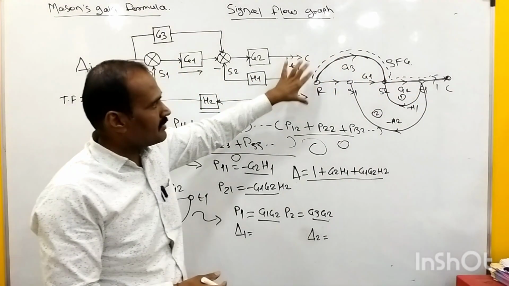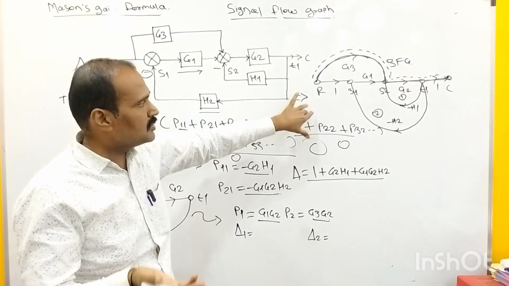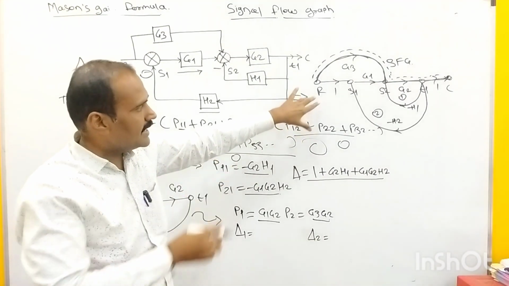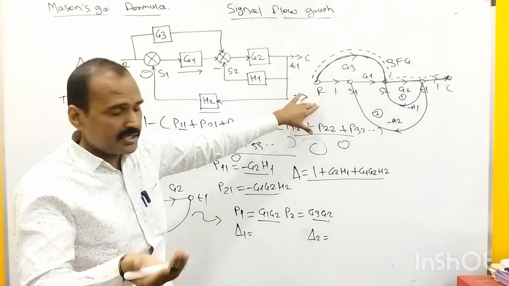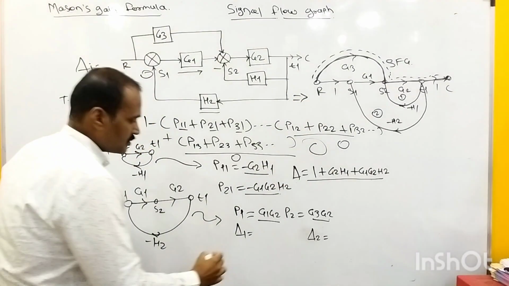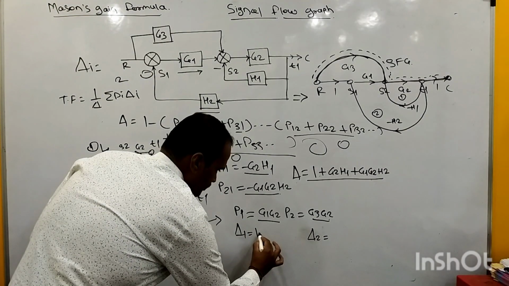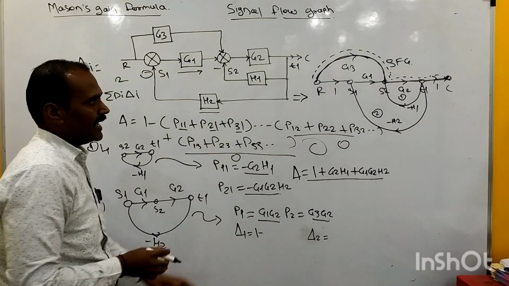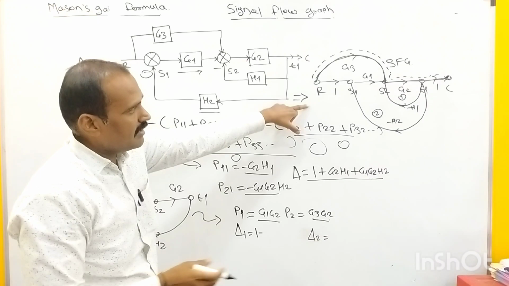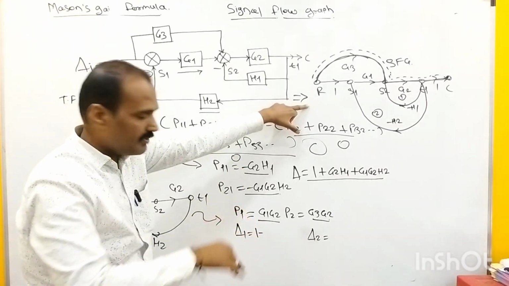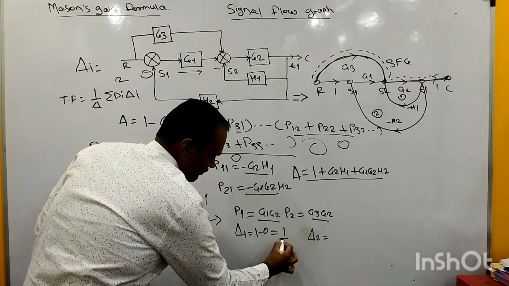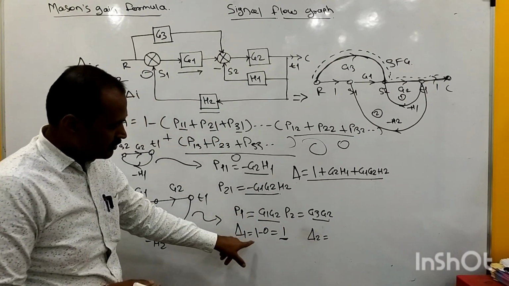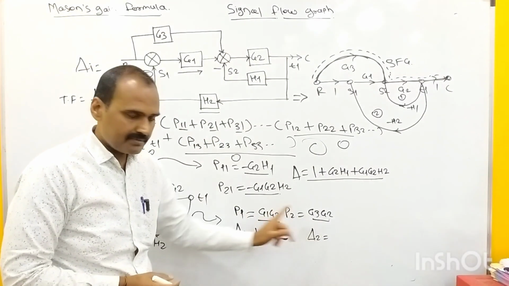From observation, we can say that we don't have any portion in the signal flow graph which does not touch this forward path number 1. So obviously delta 1 equals 1 minus 0, which becomes 1. This is the usual way to determine delta 1 as well as delta 2.